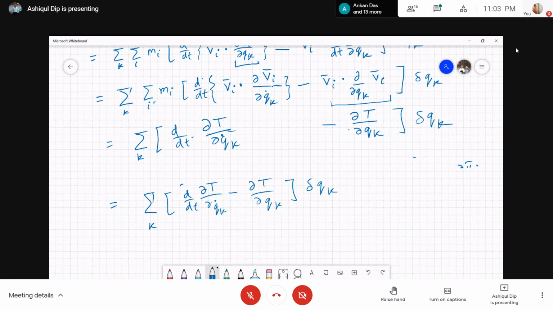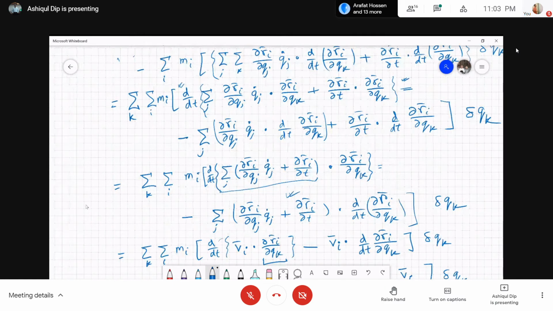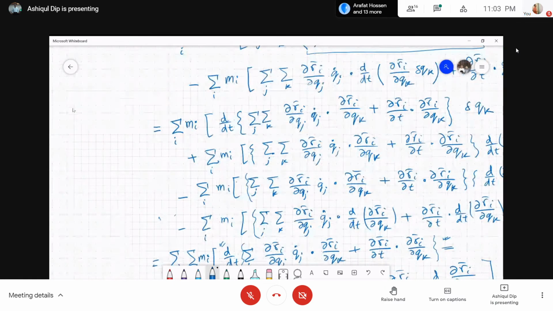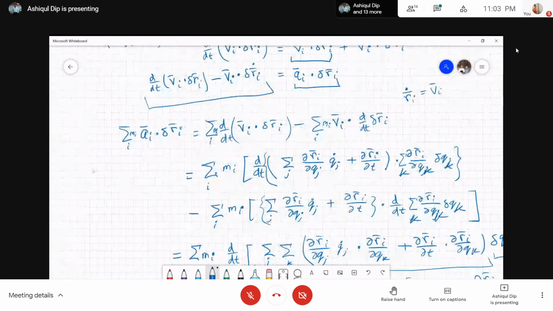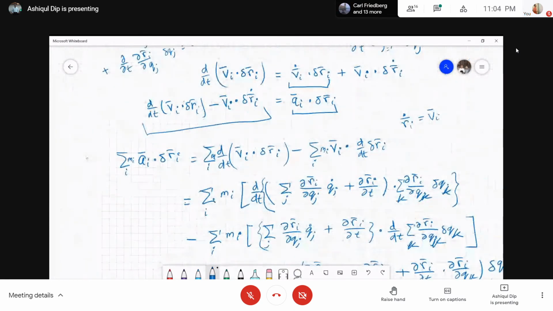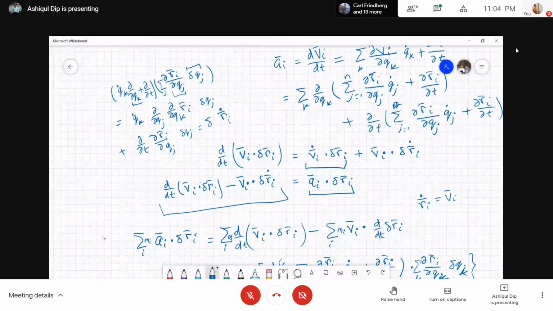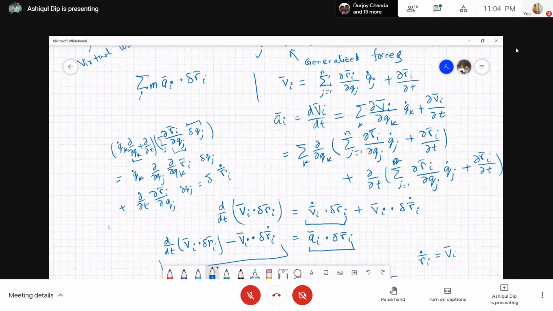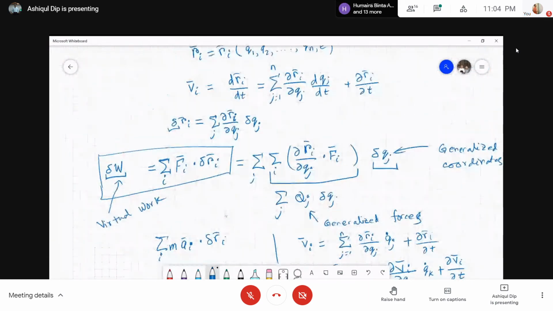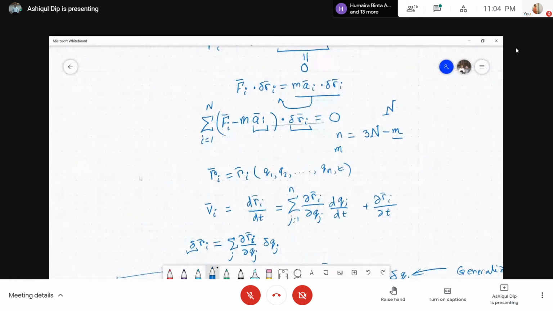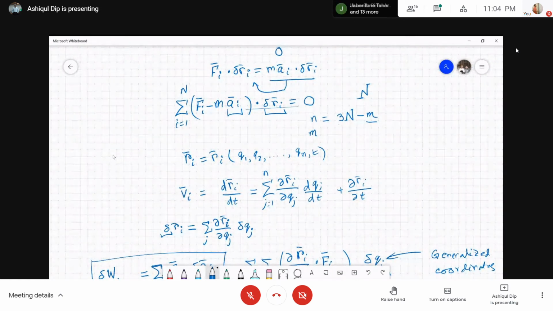Now substitute this in instead of that m a. This is sum over i of m_i a_i dot r_i. So now substitute this part. We are almost done. We are substituting into D'Alembert's principle. We had our sum over i of F_i dot δr_i that we expressed.